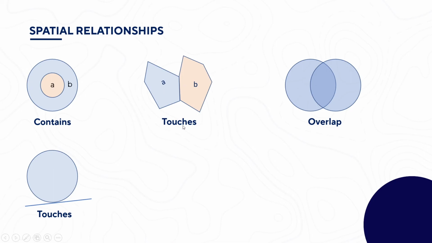Then there is overlap. In the case of palikas, there is no overlap in the boundary, but we have many data that have overlap, that fall within two boundaries. And another is a line touching the boundary. There might be a river or anything that touches and defines the boundary of two districts. In that case, the line touches the boundary, so you can go with the spatial relationship.